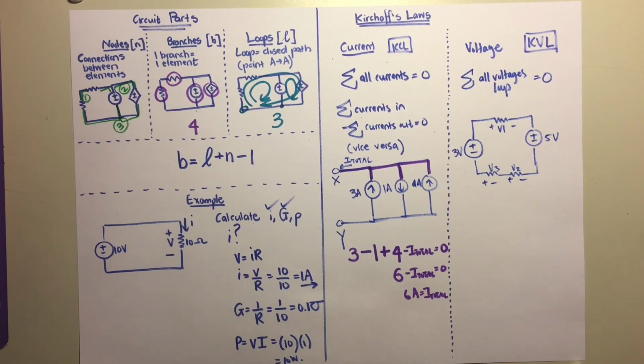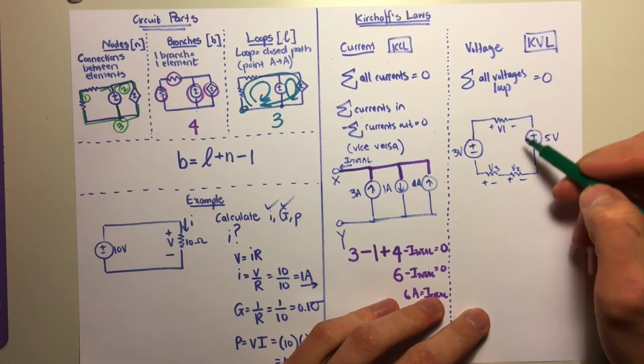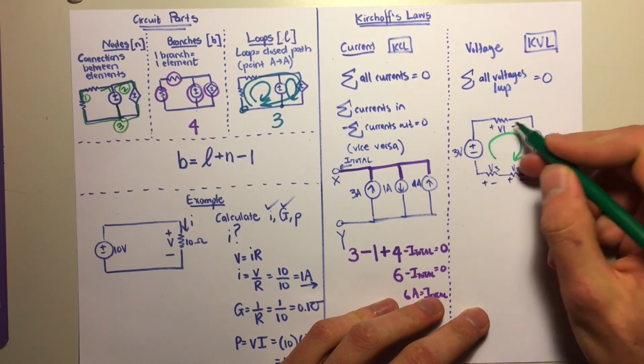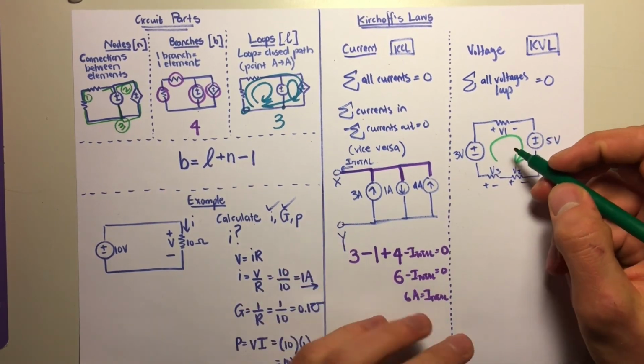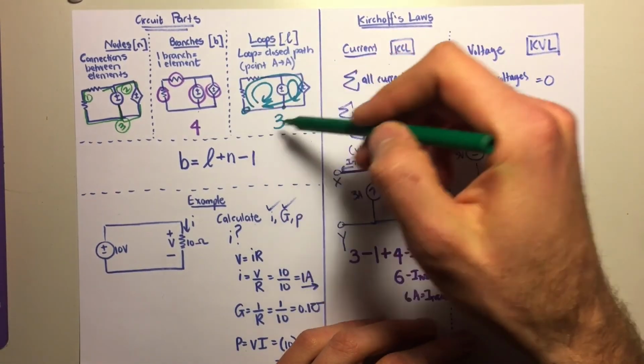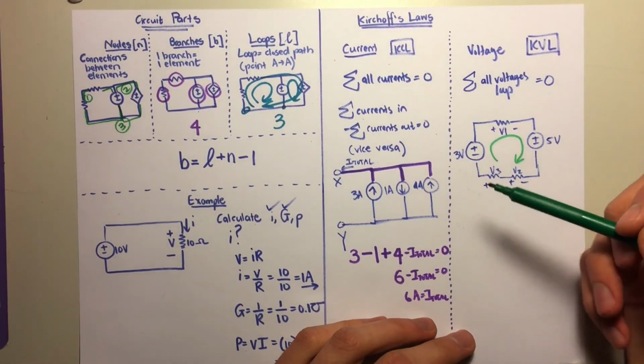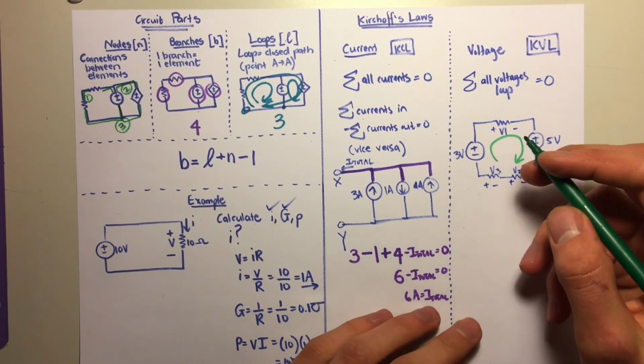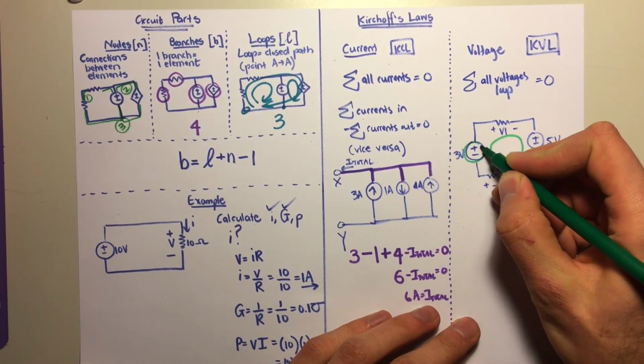Okay, so now we said the sum of all the voltages within a loop must be equal to 0. So let's draw a loop. That is a single loop. There's only one loop in this circuit, as from there's 3 loops, here's only one. Okay, so we can add all the voltages in this loop. So let's start with this source here.